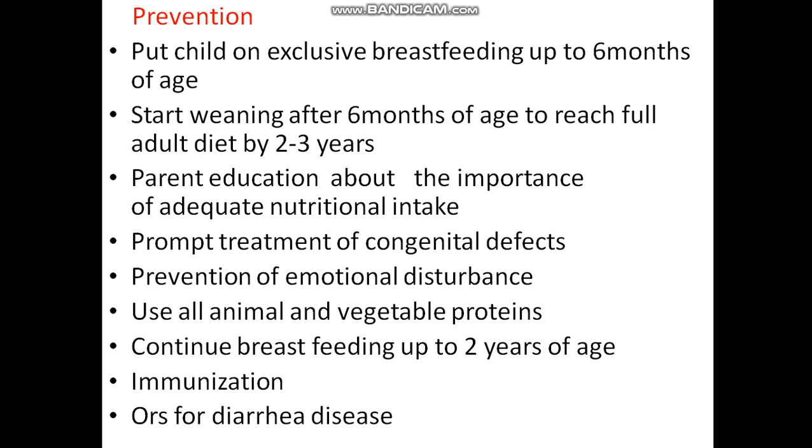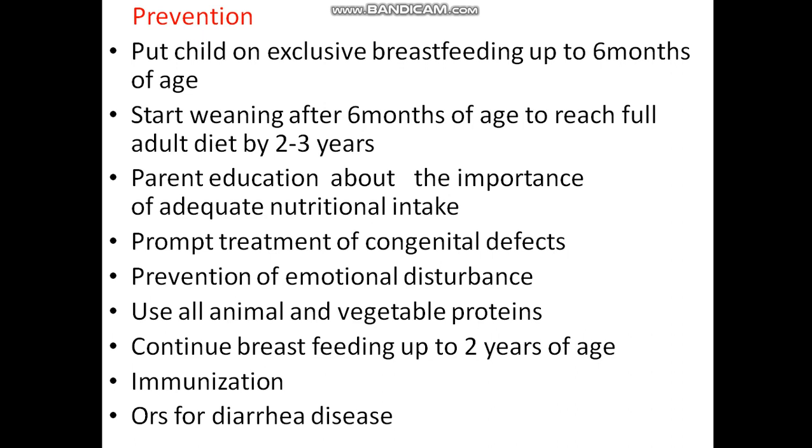Prompt treatment of congenital defects. Prevention of emotional disturbances. Use of all animal and vegetable proteins. Continue breastfeeding up to 2 years of age. Then immunization. Oral rehydration therapy for diarrhea. These are the preventions of kwashiorkor.